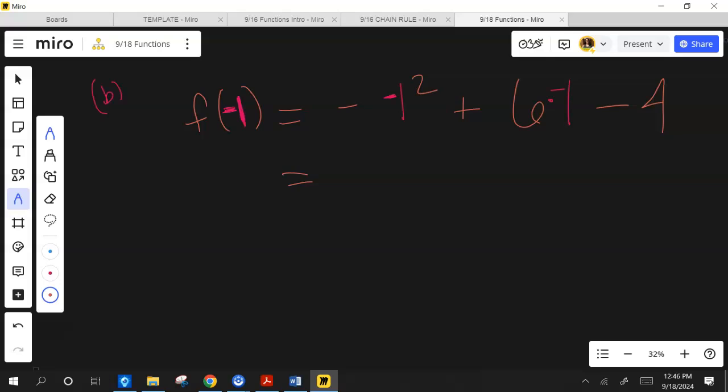-1 to the second power. So I'm only doing what's in pink here. What is -1 to the second power? -1 times -1 is what? 1. So this is -1, because of this negative out here. What is 6 times -1? -6.